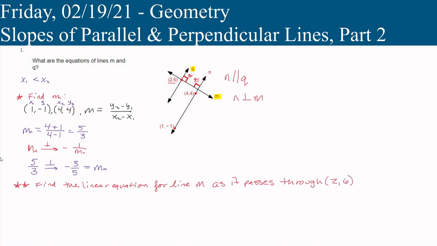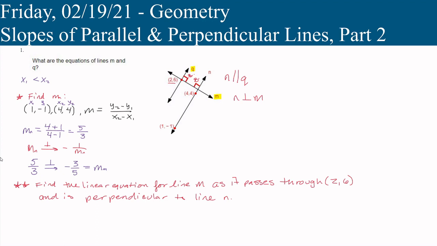We're given a coordinate that it crosses there. That's nice. And is perpendicular to line N.